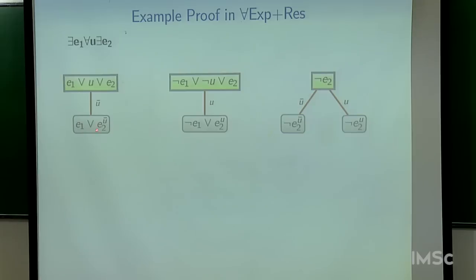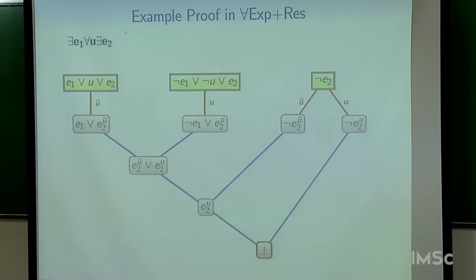And these annotations appear on the existential literals that appear to the right of these universal variables. And then we can do a resolution rule on E1, and we end up with this mixed clause where we have two copies of E2 but with different annotations.